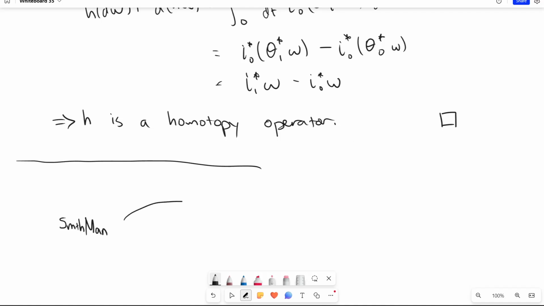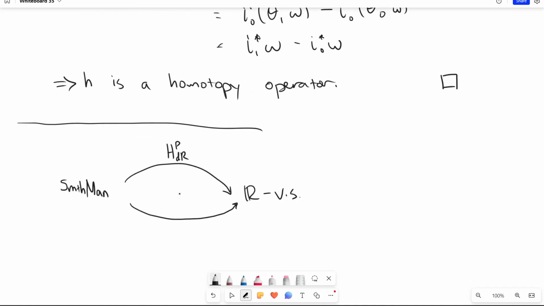We have one functor, which is this H^p_dR, which goes to real vector spaces. And then we have this other functor, singular cohomology, H^p. And we've so far constructed for each smooth manifold a map I going down, but we also want to show that they assemble together to be a natural transformation. And even more, we want this natural transformation to commute with the connecting map that you see in Mayer-Vietoris, and that'll let us do the induction.